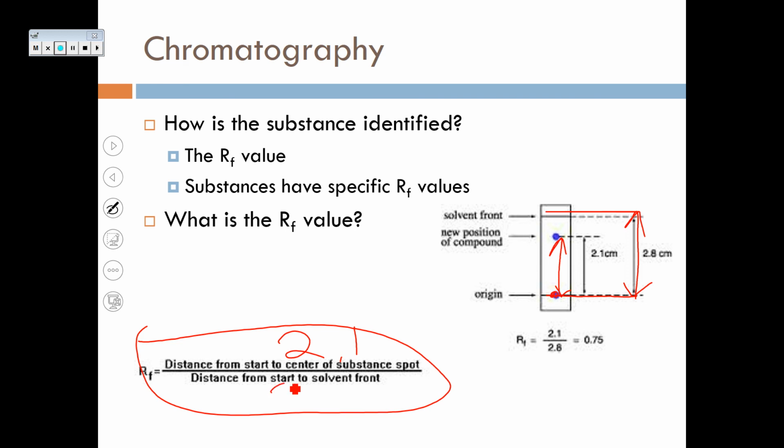In this case, it is 2.8, and so you would divide those two numbers and you would get an RF value of 0.75. There is a table that has been created previously by scientists that has all the RF values for different solutions. And so you find the one that has an RF value of 0.75, and therefore you can determine what substance A is.